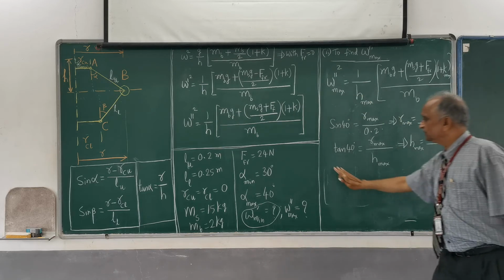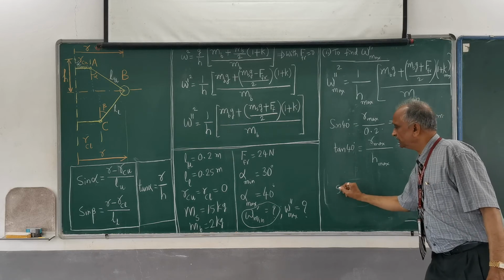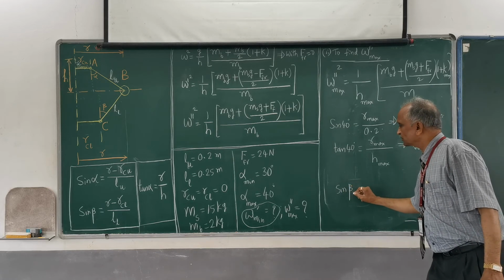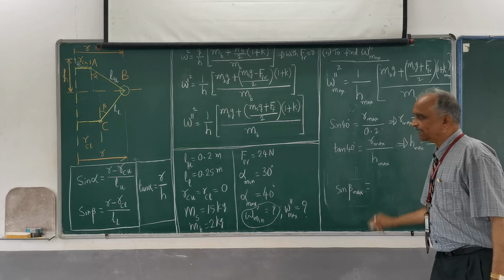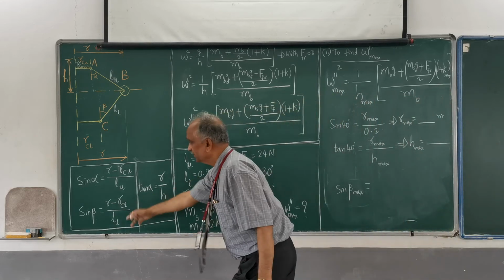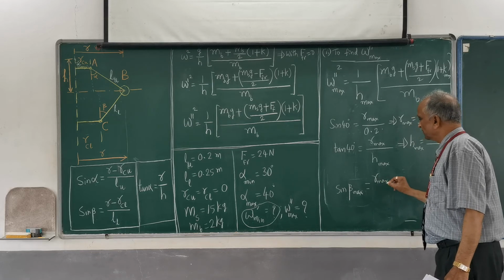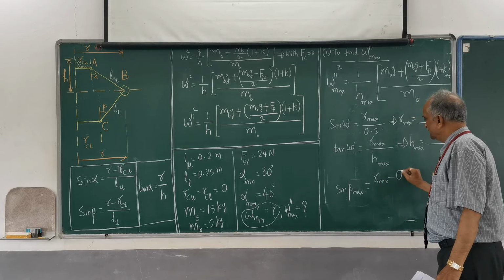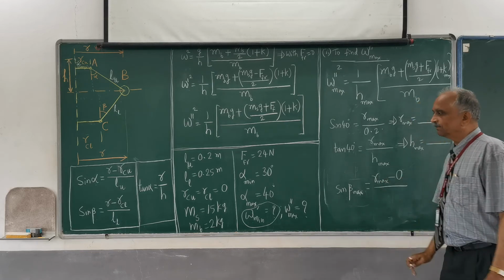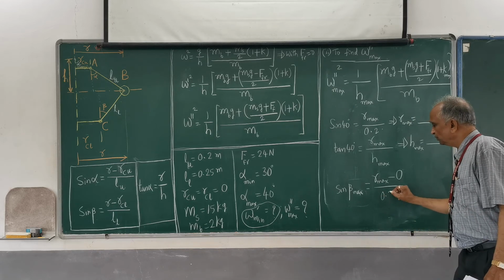Again you can easily find sin beta max. Sin beta max is R max, which you have already calculated, minus R square, that is 0, divided by L, that is 0.25.